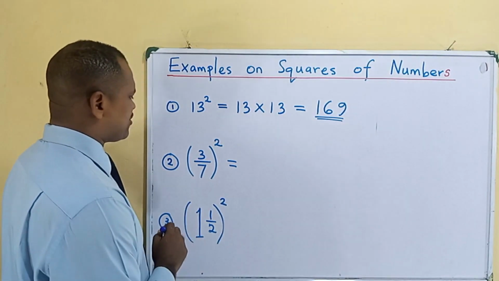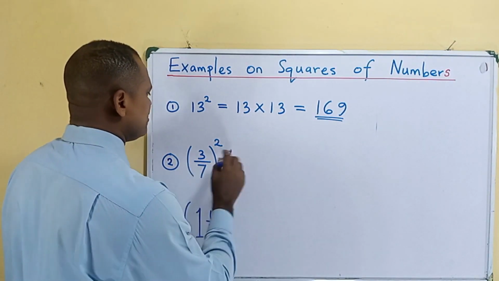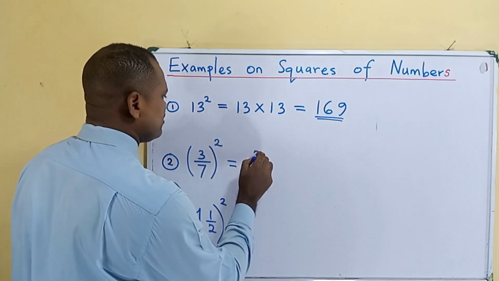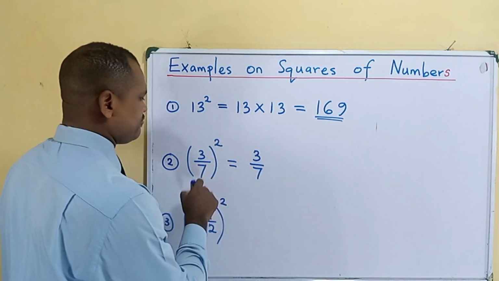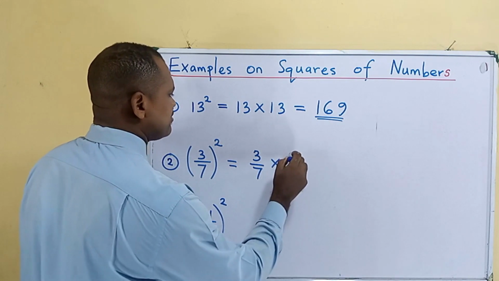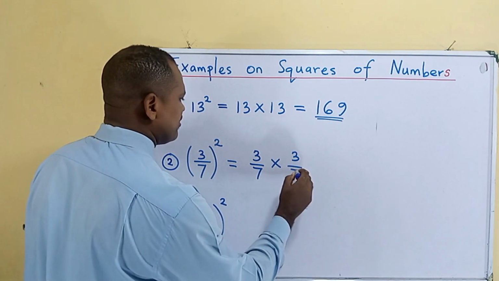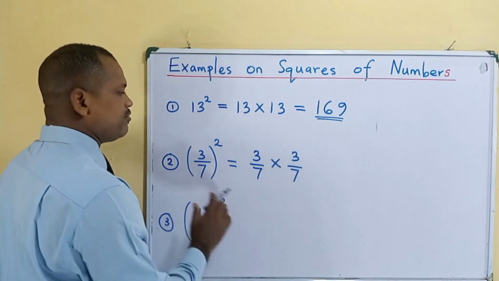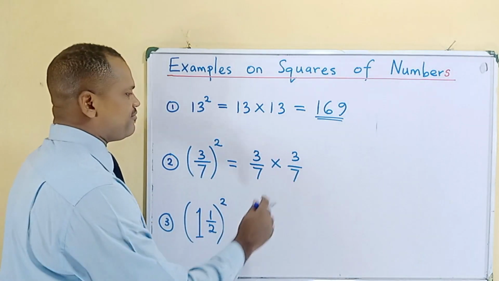Here we have a fraction. Of course, this means 3 over 7 times 3 over 7. 3 over 7 multiplying itself.